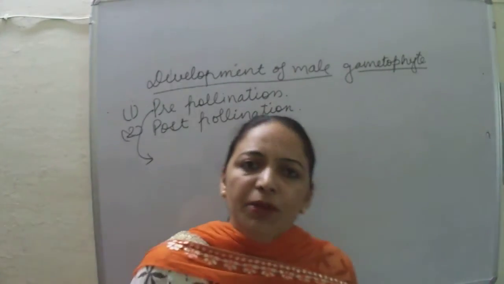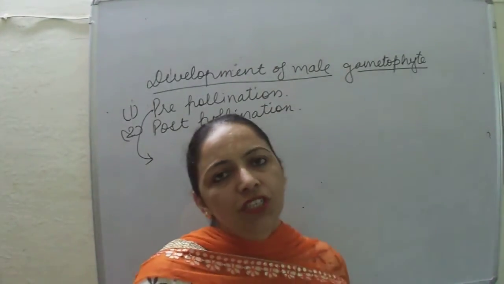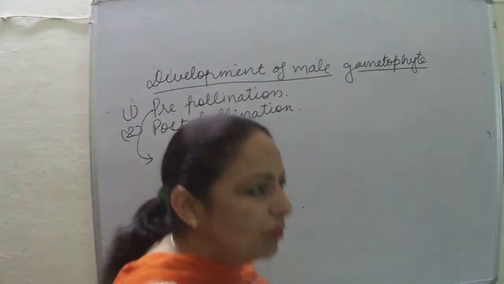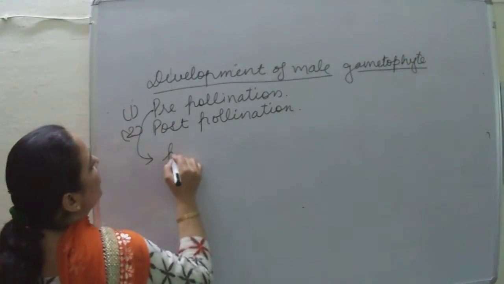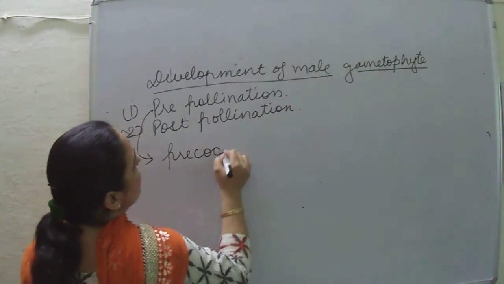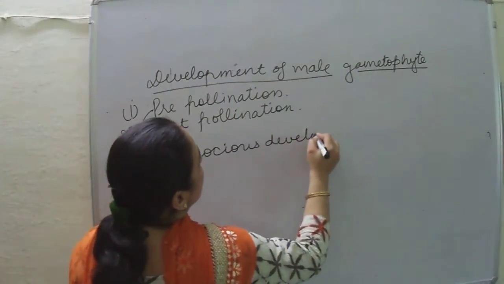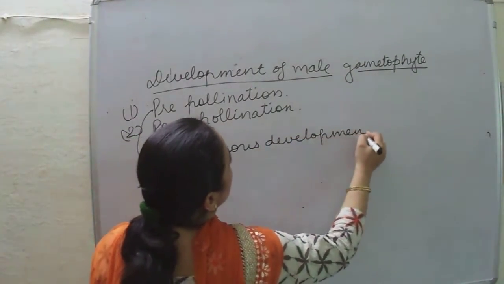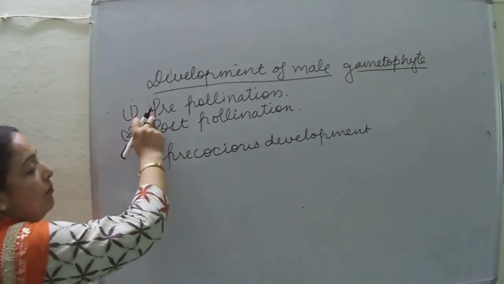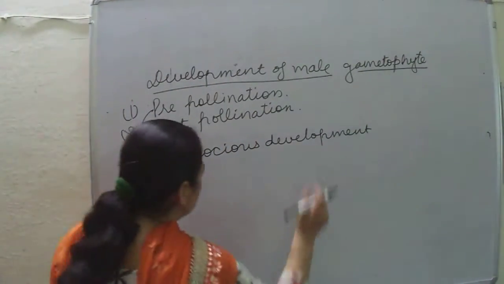When the male gametophyte develops before the pollination, it is known as precocious development. That occurs before the pollination.